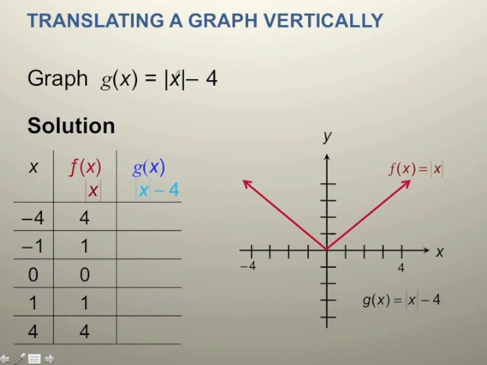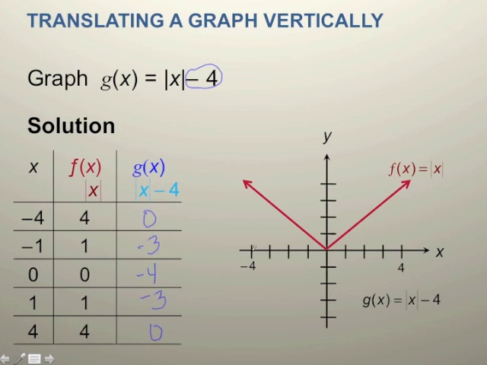Now you'll notice on this one, we're still subtracting 4, but we're doing it after the absolute value. And when it's not directly connected with the x, let's see what happens. So here we have the absolute value graph already. If we take the absolute value and then subtract 4, we'll get 0, negative 3, negative 4, negative 3, and 0.